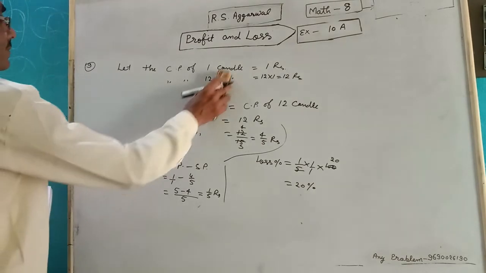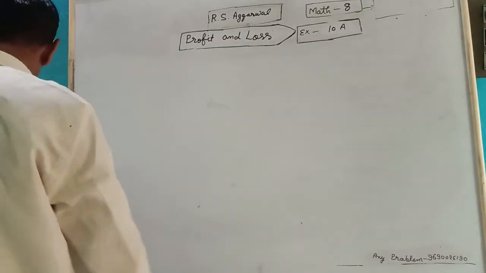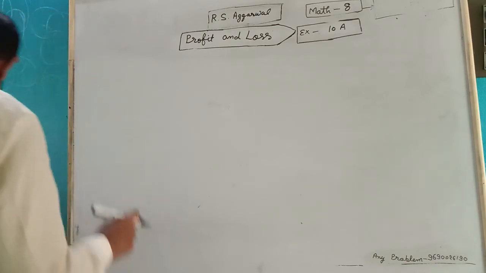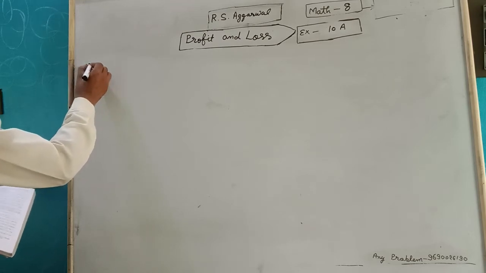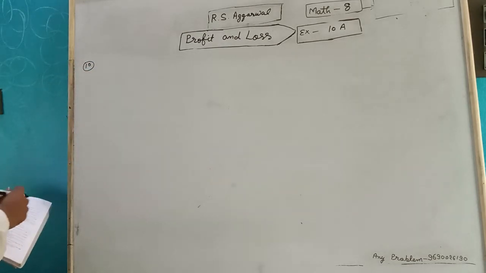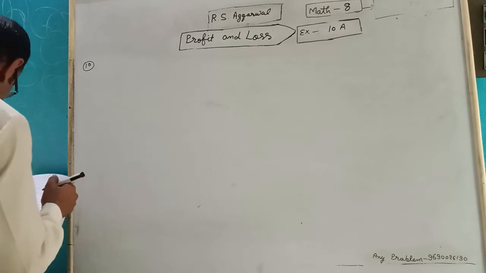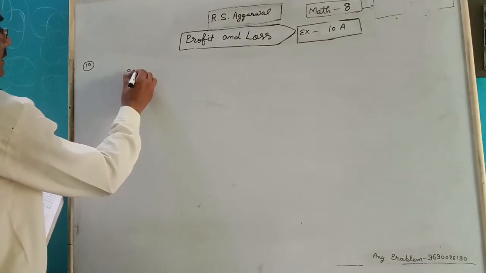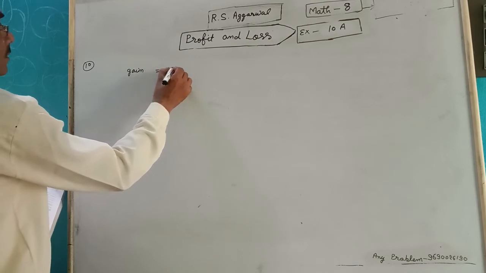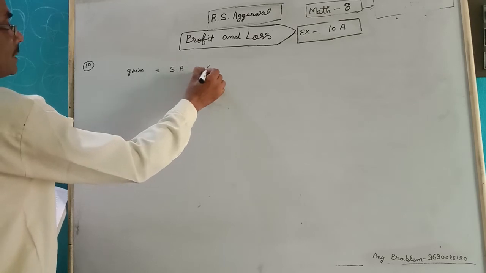Question number 10. By selling 130 cassettes, there is a gain of an amount equal to the selling price of 5 cassettes. Gain is equal to SP minus CP.